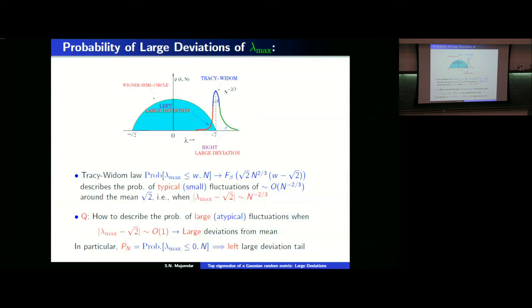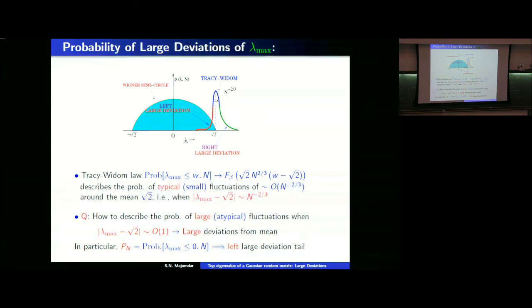Okay, so Tracy-Widom is not enough. This is why the large deviation is necessary. Tomorrow I'll talk about both tails. Similarly on the right tail, this is a right large deviation tail, and we'll see that they are quite different. So this is number one motivation for why we are interested in the large deviation tail.